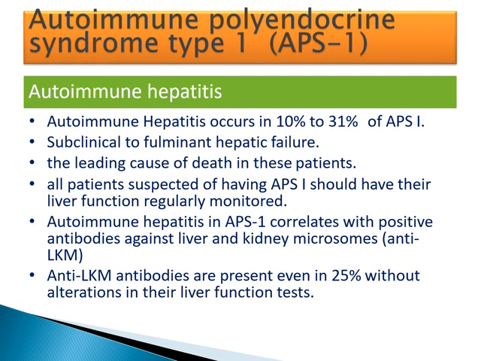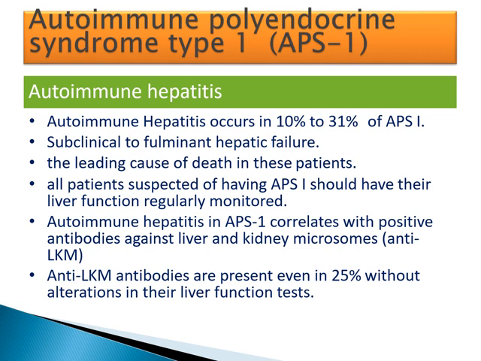All patients suspected of having APS1 should have their liver function tests regularly monitored. Autoimmune hepatitis in APS1 correlates with positive antibodies against liver kidney microsomes, also called anti-LKM antibodies. Anti-LKM antibodies are present even in 25% without alterations in their liver function tests.